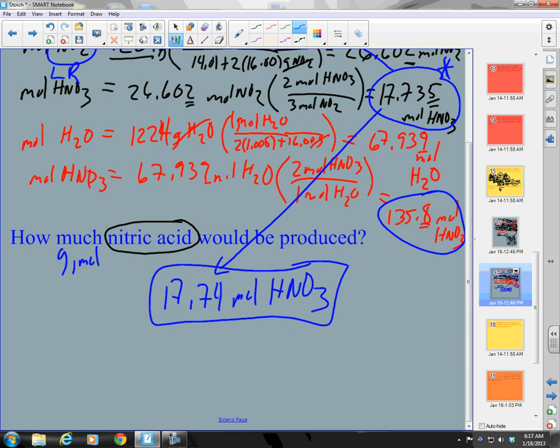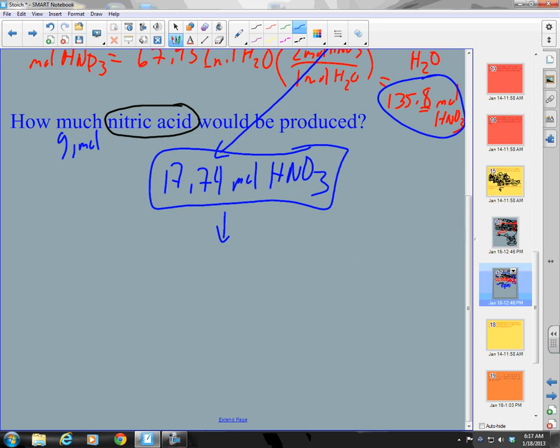If you happen to do that in grams, just in case you were a striver and put that into grams, what would that be? Well, I need to multiply that by what? 1.008 plus 14.01 plus 48.00.